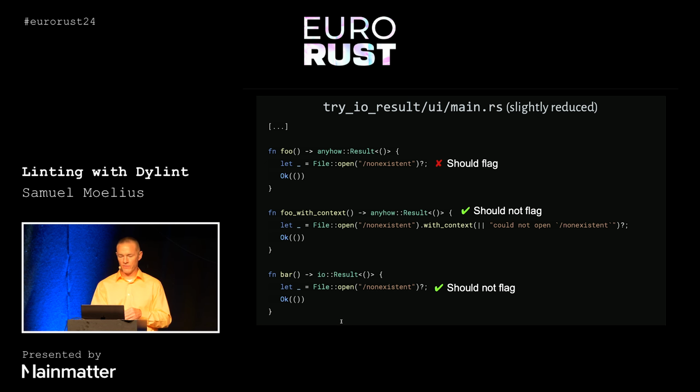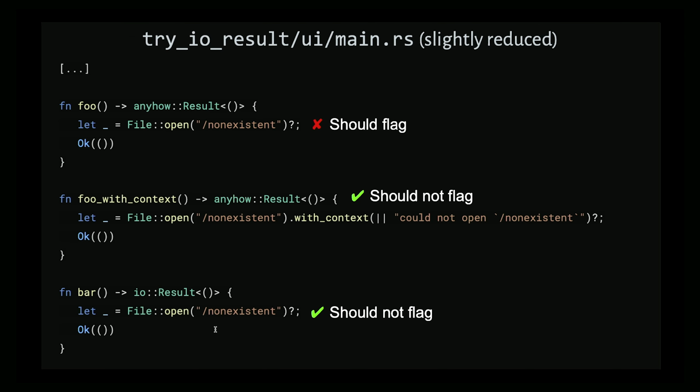If you compare the definitions of foo and bar, the only way in which they differ is in the return type. The return type of foo is anyhow result, the return type of bar is EuroRust. Remember, the type that file open returns is an EuroRust. So the one thing to note here is that in some sense, there's no way for bar to return additional information.